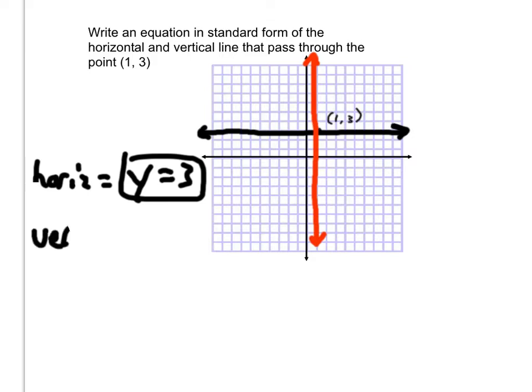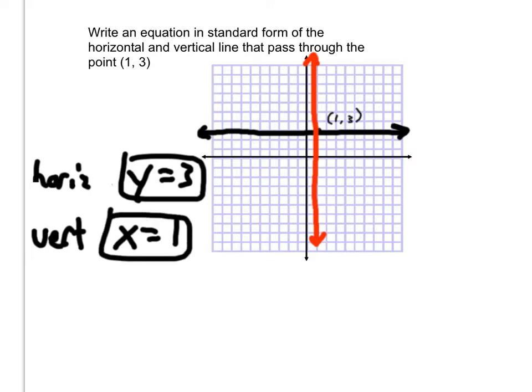And the vertical line is x equals whatever the x value is. In this case, it's 1. And those are our two equations for horizontal and vertical lines that pass through that point. So basically, our horizontal line is just whatever our y value is, y equals 3, and our vertical line is whatever the x value is, x equals 1.